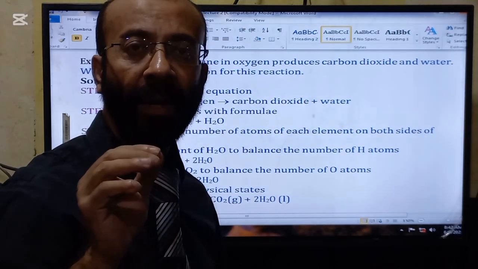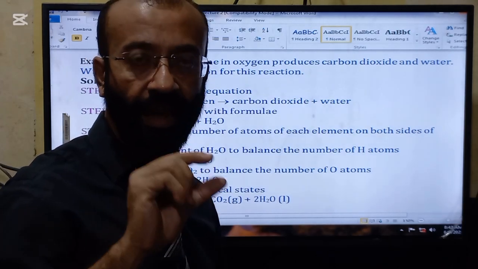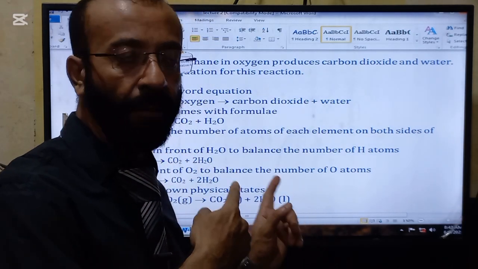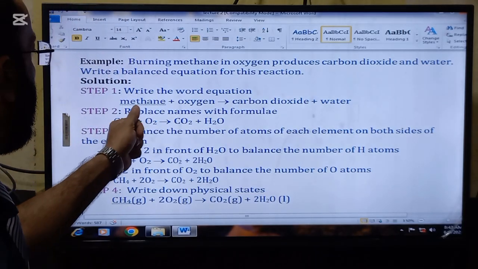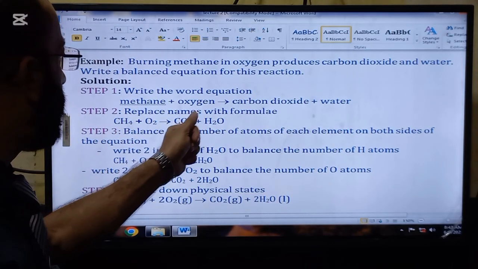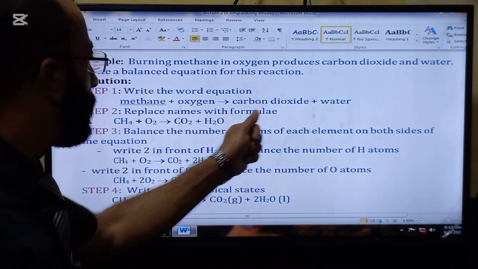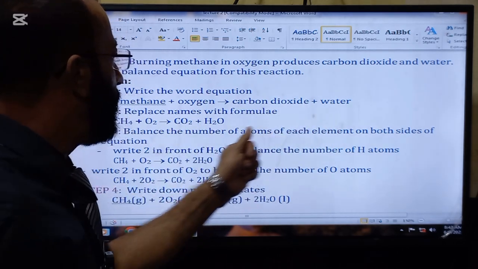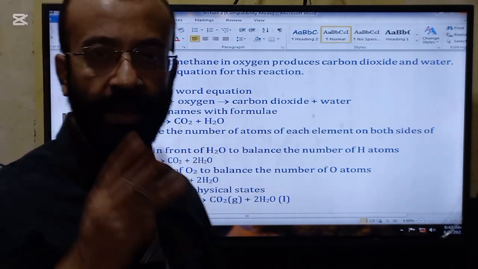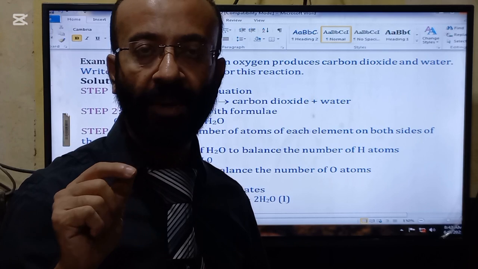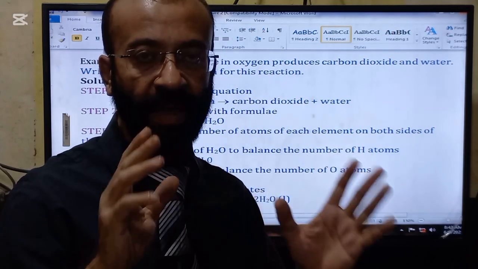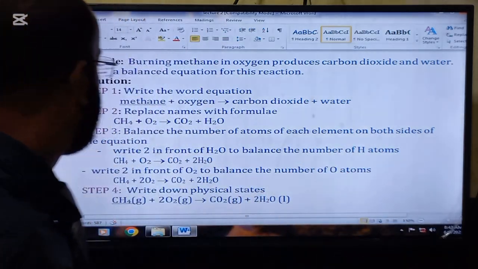The second step is to write the formulas of the reactants and products in the word equation. So methane is CH4, oxygen is O2, carbon dioxide is CO2, and water is H2O. The third step is to balance the number of atoms of each element on both sides. So look now.